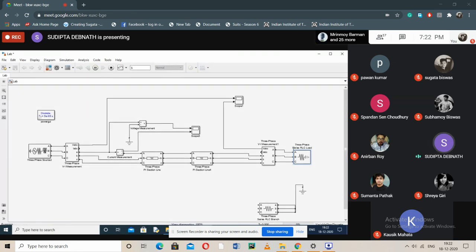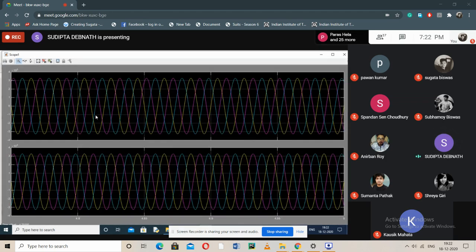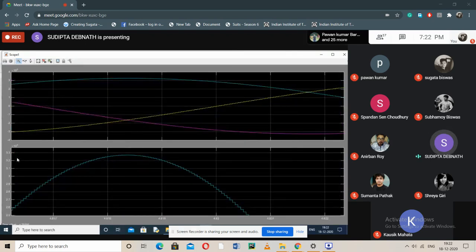Here you will see it is almost the same. It is almost 3.26, more than 3.25, unlike the long transmission line, where it was exactly 3.6, that means 360.